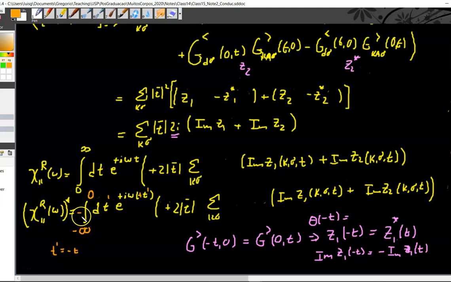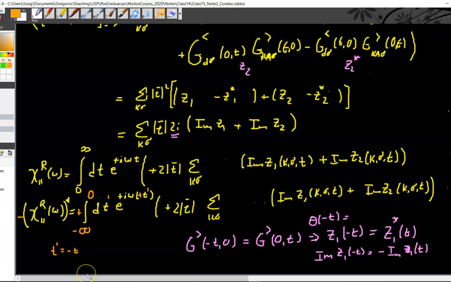And then if I add these two, I get the imaginary part of chi 1r. I get the full integral over t with no theta, so this is not like a retarded function, but I'll get the full integral from minus infinity to infinity. So this would be the Fourier transform of whatever is in here, which is a real number.